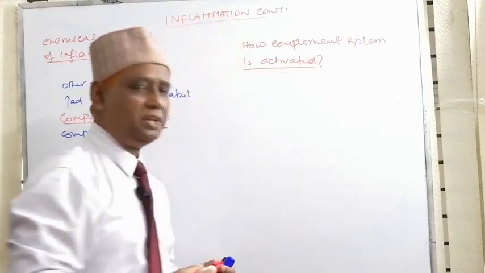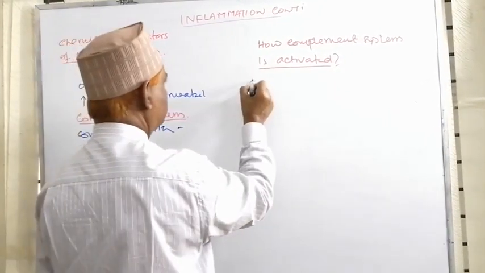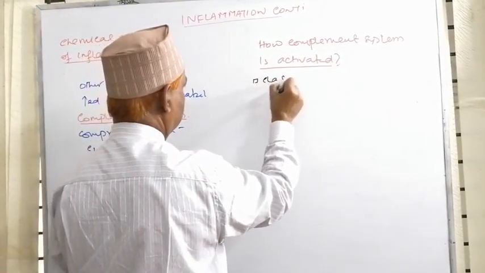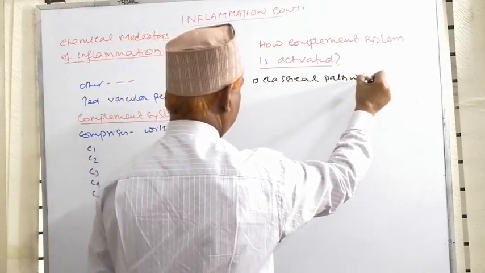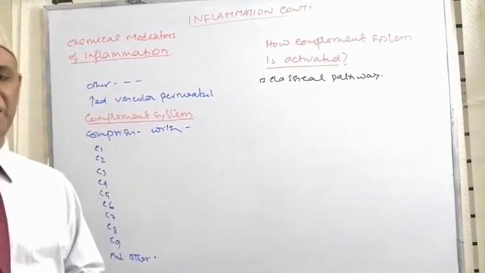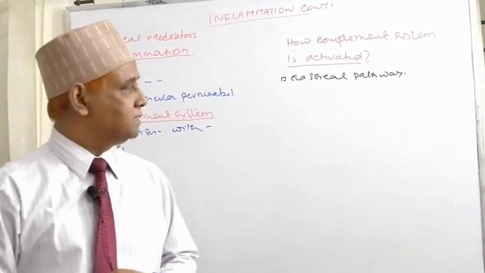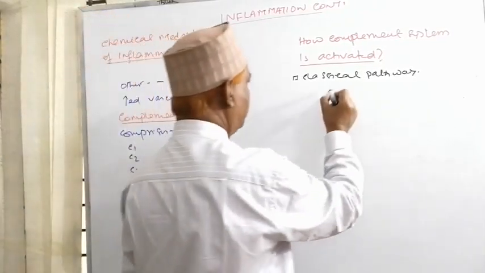There are three pathways of activation of complement system. Number one, classical pathway. When complement system is activated by immune complex, such a pathway is called classical pathway.